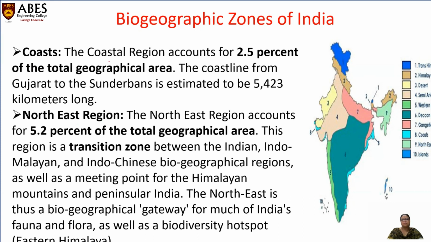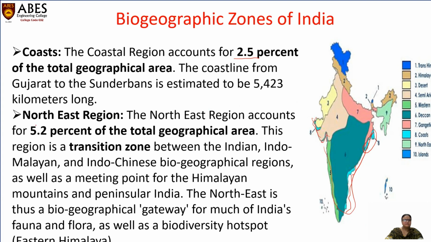It accounts for 2.5% of the total geographical area. We can see the coastline demarcated in this map. The coastline from Gujarat to Sundarbans is estimated to be 5423 kilometers long, extending from here and going this way.